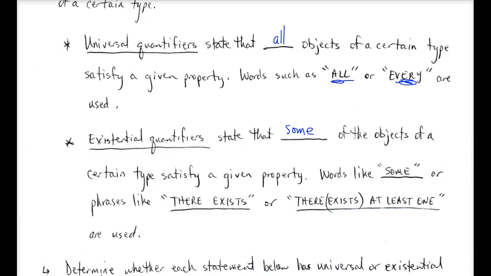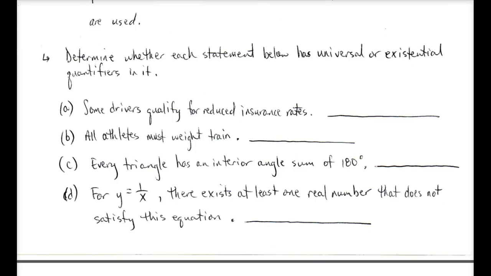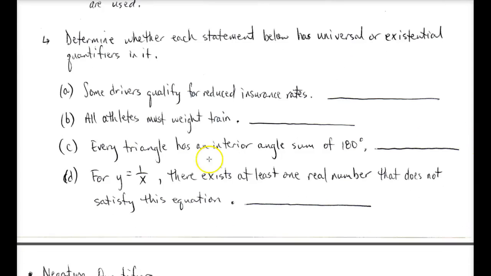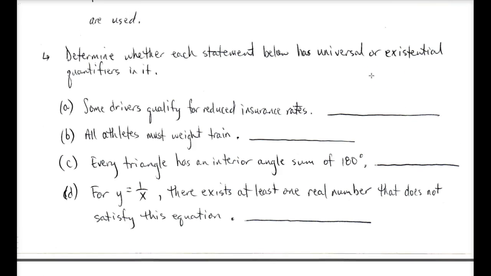Okay? So now what we want to do is determine which of these statements here have universal or existential quantifiers in them. So here we see that we have, some drivers qualify for reduced insurance rates. That's going to be an existential quantifier because it uses the word some.